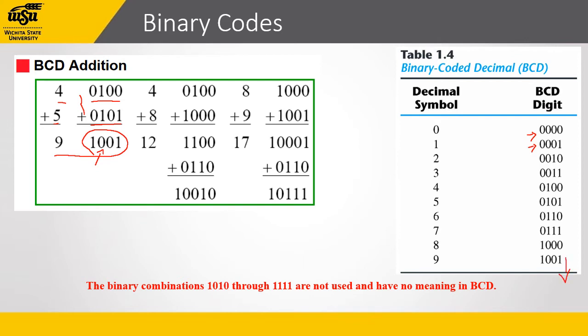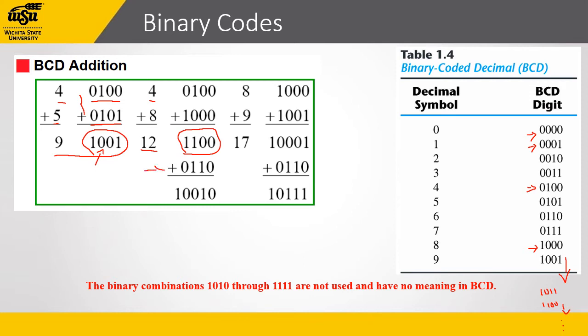Anything beyond this is an invalid BCD digit, anything like 10, 11, and so on. In the second example, we add 4, which is a valid BCD digit, with 8, but the result is 12. We said that anything beyond that is invalid.